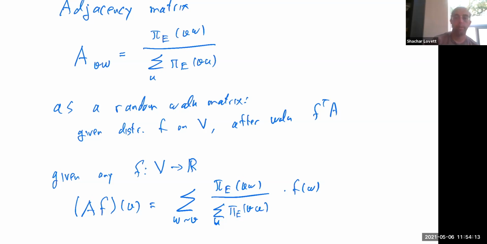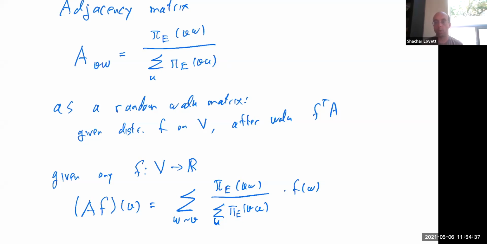So again, what do we have here? We have a function on the nodes, and AF is going to act as an averaging operator. AF on the node V is going to be the average value of F on the neighbors of V, where we choose a neighbor based on this distribution, choosing one of them given the edge weight.